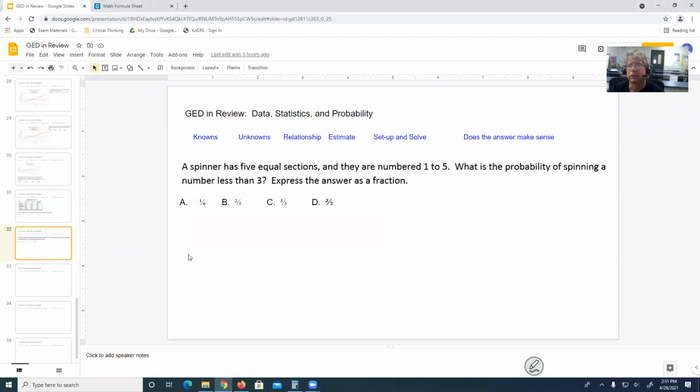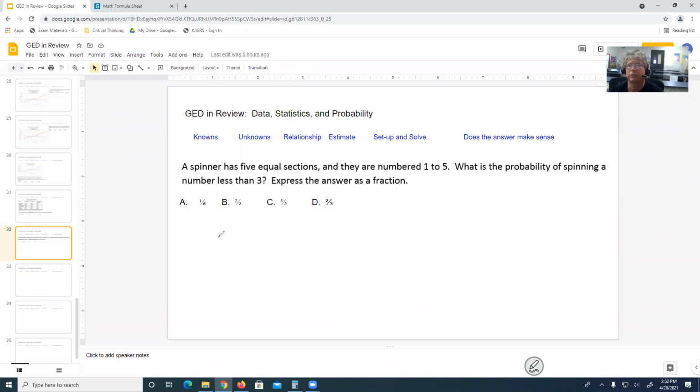Looking at this question here, a spinner has 5 equal sections and they are numbered 1 to 5. What is the probability of spinning a number less than 3? Express the answer as a fraction.